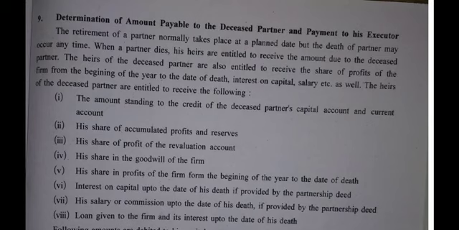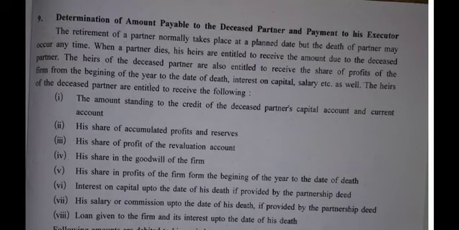The heirs of the deceased partner are also entitled to receive the share of profits of the firm from the beginning of the year to the date of death. Now, say for example, the accounting year has started on 1/4/2015 and the partner meets death after 6 months of the same.